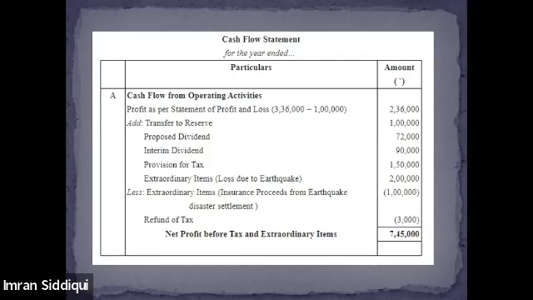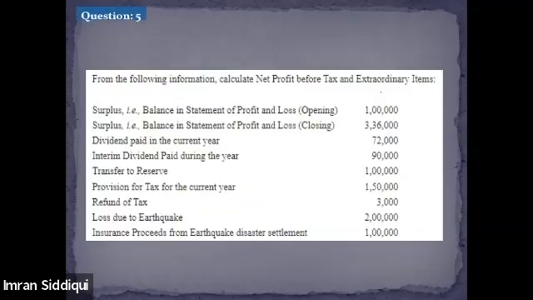We won't be adding proposed dividend in this case, because this is in relation to the current year; we will have to write the amount of dividend for the previous year. You either make the correction in the question, that instead of treating it as the dividend for the current year, you treat it as the dividend for the previous year. That is a mistake in the question, in fact.